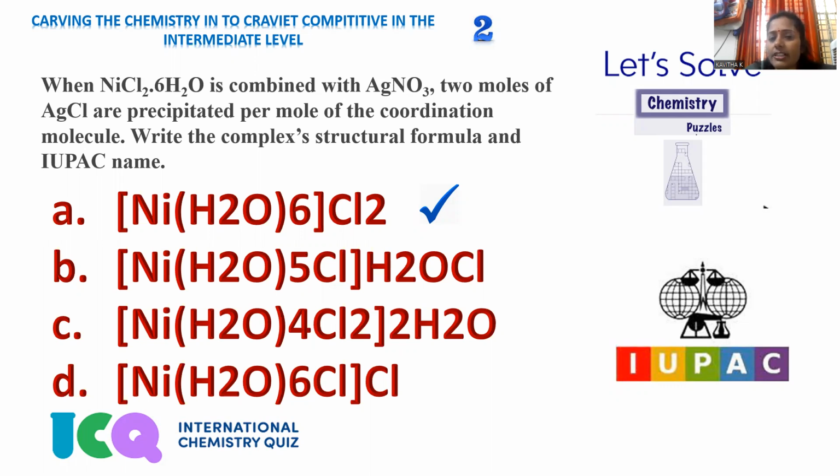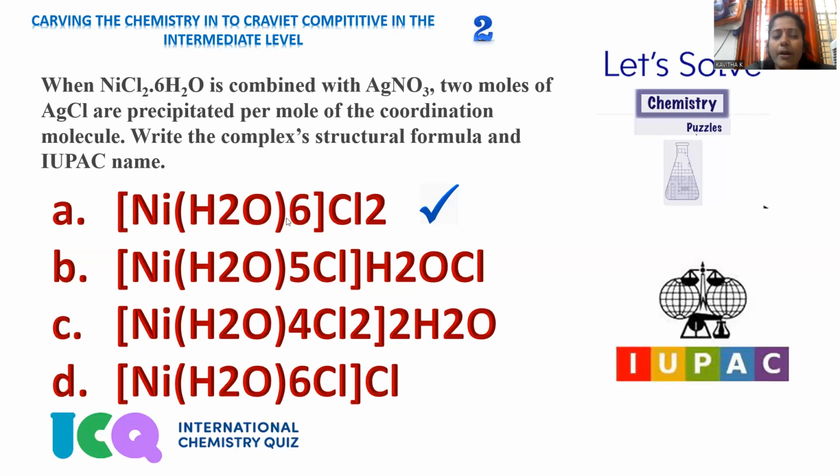Silver nitrate is the reagent to identify the number of free halide ions present outside the sphere of the coordination complex. It indicates that 2 moles of silver chloride got precipitated. It is obvious that 2 free chlorides are present in the compound. So outside the sphere, 2 chlorides are indicated, and the coordination sphere is written as [Ni(H2O)6]Cl2. Being an octahedral compound, the IUPAC name will be hexaaquanickel(II) chloride.